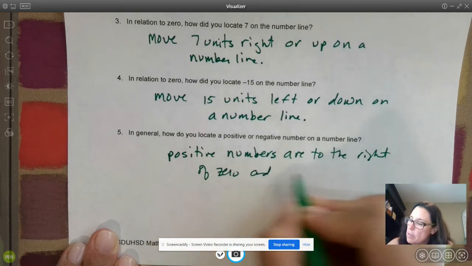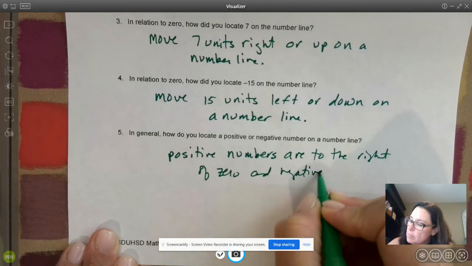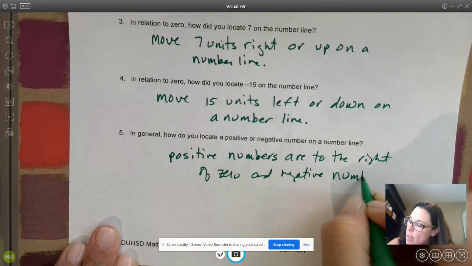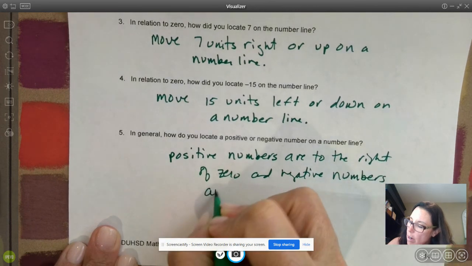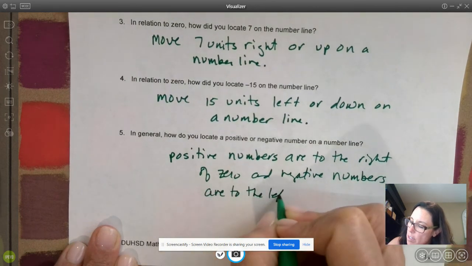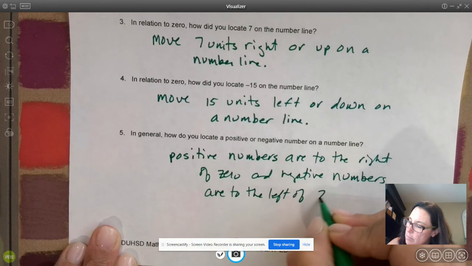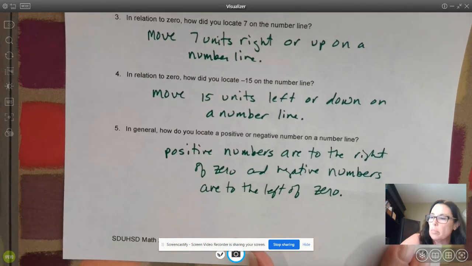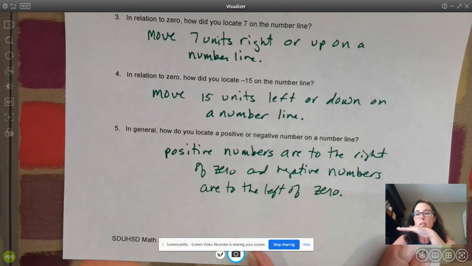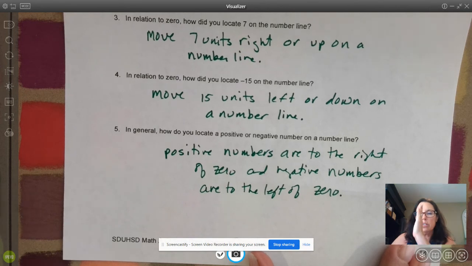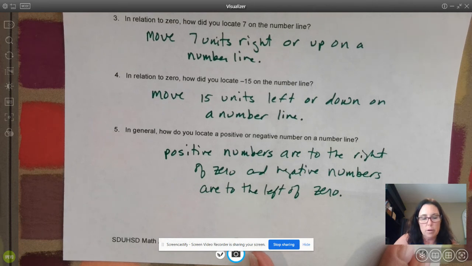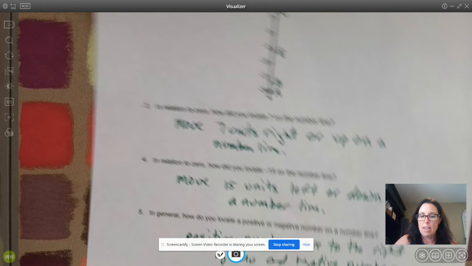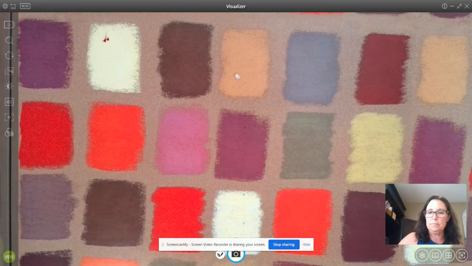And negative numbers are to the left of 0. Okay, now as we stated before, that's if the number line is a horizontal line. Now if it's vertical, positive numbers would be above 0, negative numbers would be below 0. Okay, all right, next page.